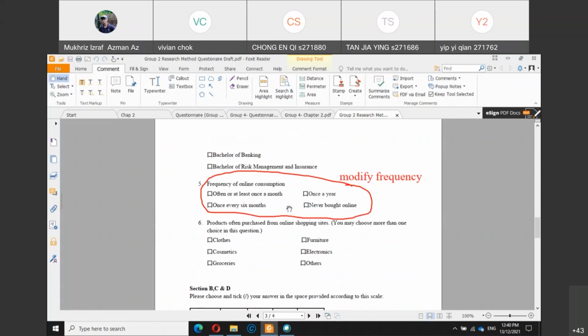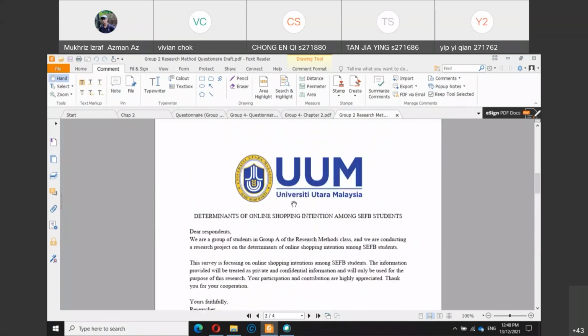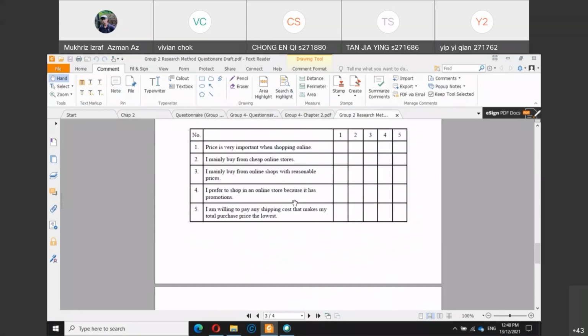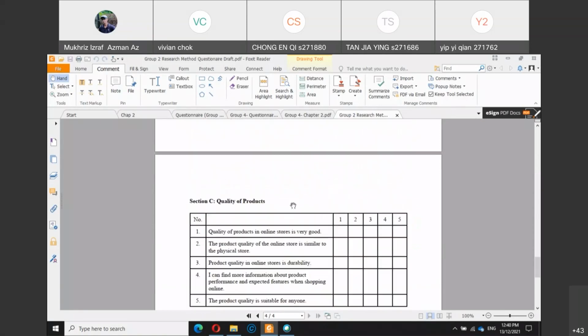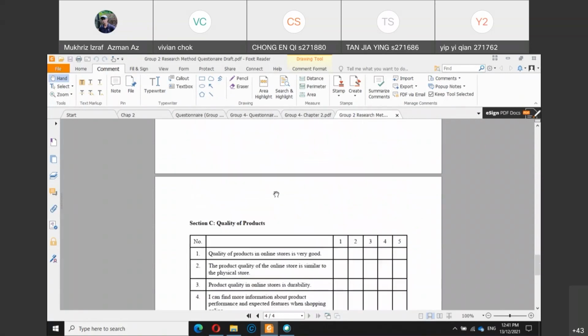I think you need more frequency options: once a week, once every 2 weeks. After once a month, suddenly once a year, with no other option in between. For these questions I don't have much comment, because these are standard questions you can get from the thesis.